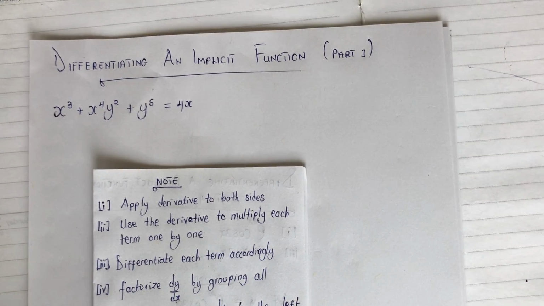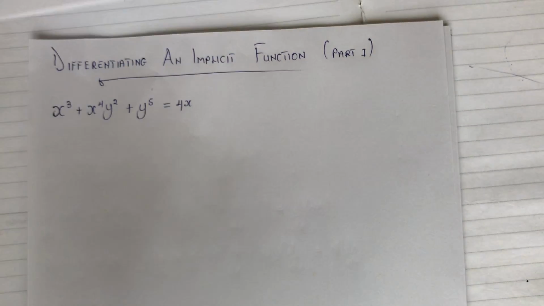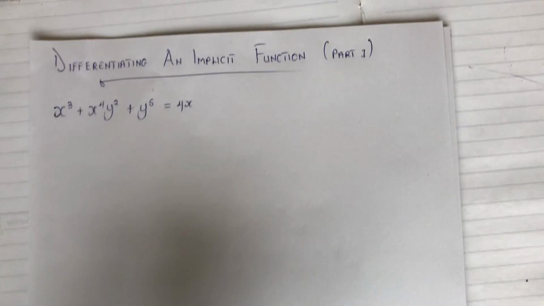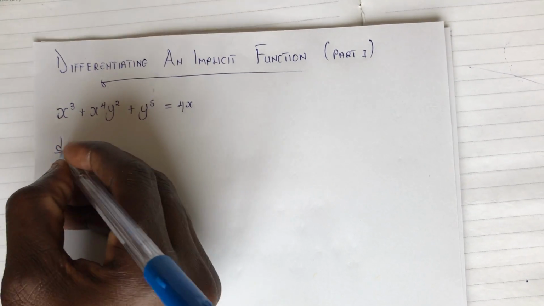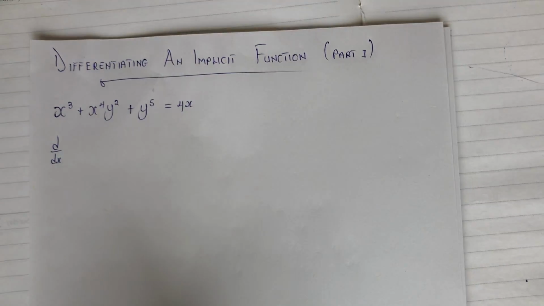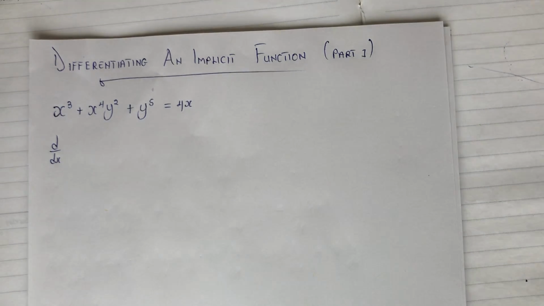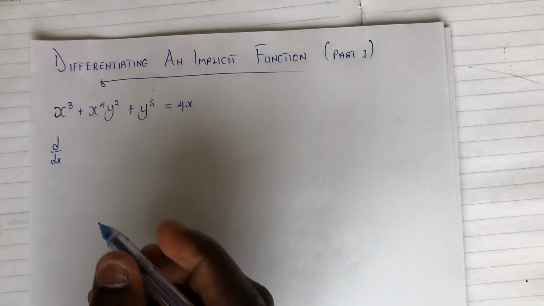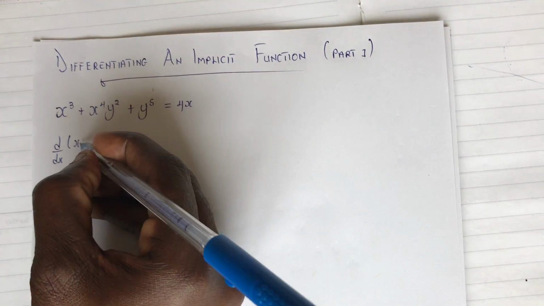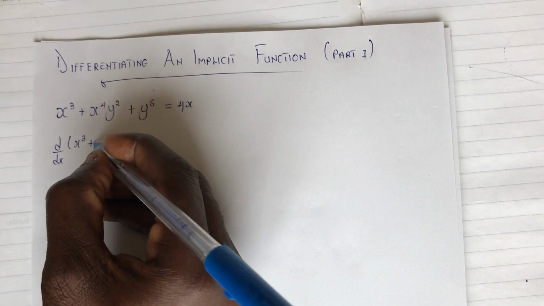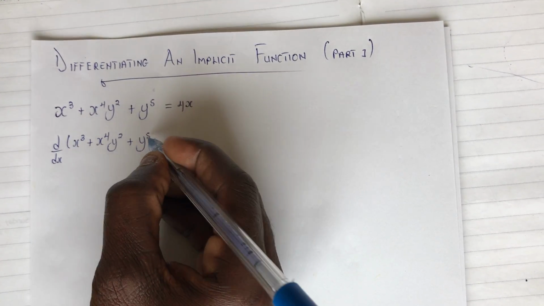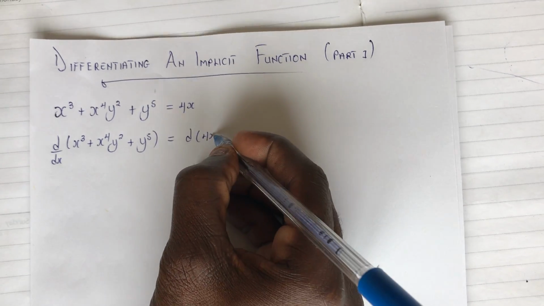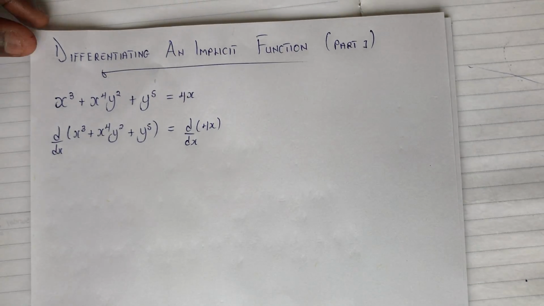So I'll take this example, and I'm sure by the end of the day you'll get the concept. So the first rule says that apply derivative to both sides of the function. Now remember, we are differentiating all the function with respect to x. So I have x raised to the power 3 plus x^4 y^2 plus y^5, equal to 4x, and I apply d/dx.